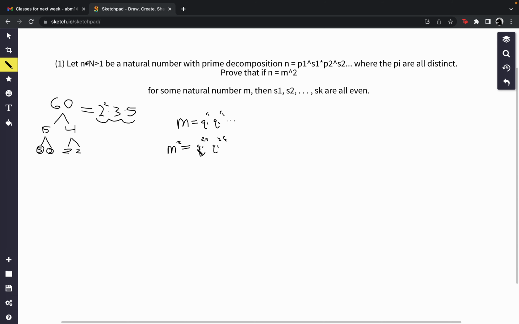So we have m squared is of this form, where each exponent is multiplied by 2. And I think we could already start to see that these exponents are all going to be even, because they're all going to be divisible by 2, and we know that all of these r1, r2, and so on are natural numbers.